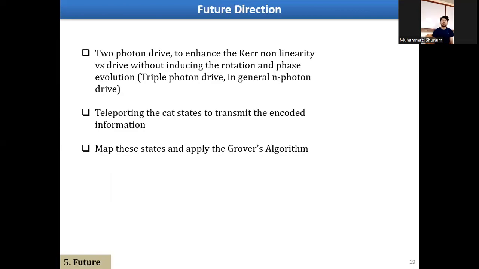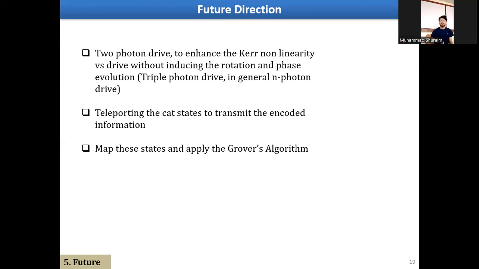So what is the future direction? Future directions can be to study a triple-photon or, in general, n-photon driving methodology, and how it affects the fidelity of the operations, or whether we can achieve better results. We can also teleport those cat states to transmit the encoded information.